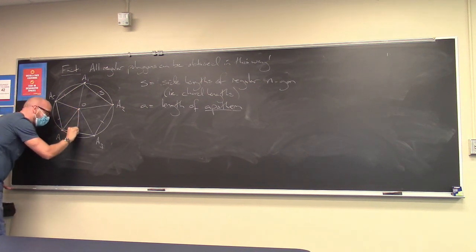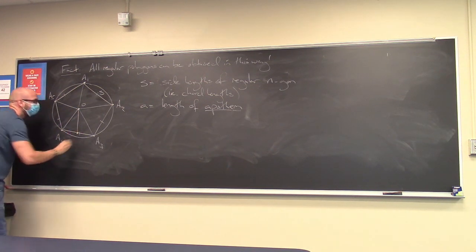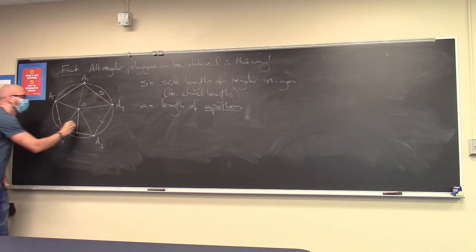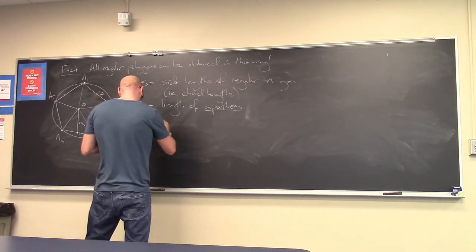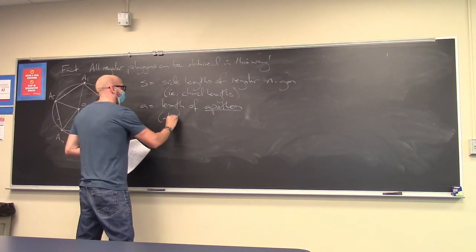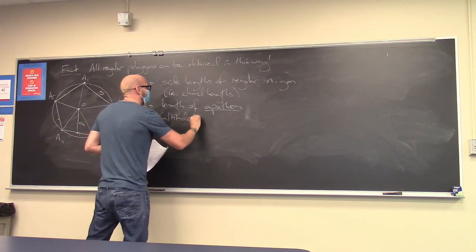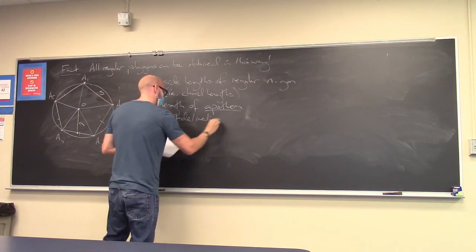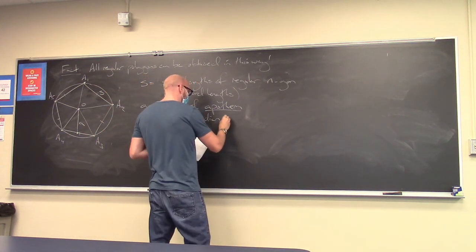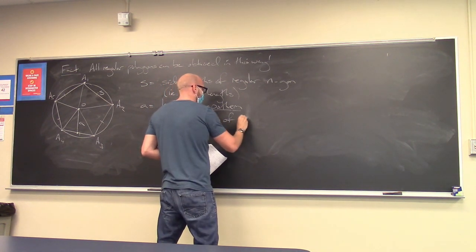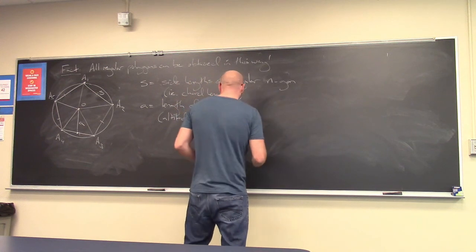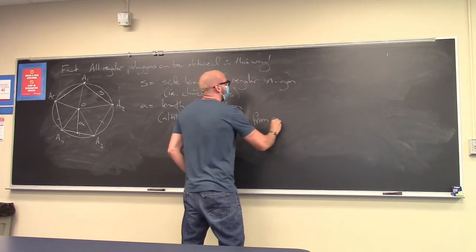So that connects right there to the middle. That length is A. That's an apothem. A for apothem. So this is an altitude, or a median, of the triangle from center O.